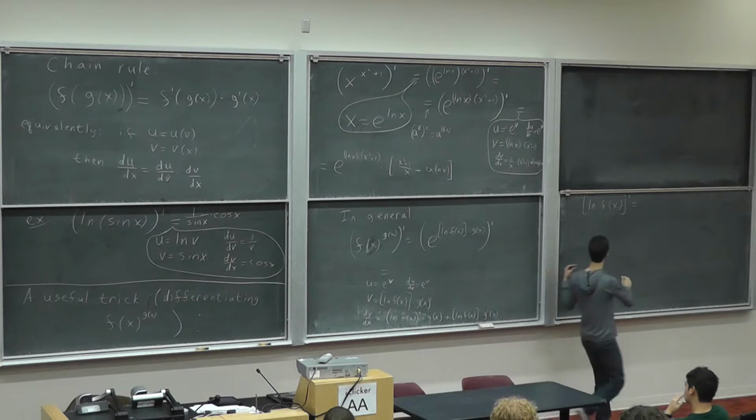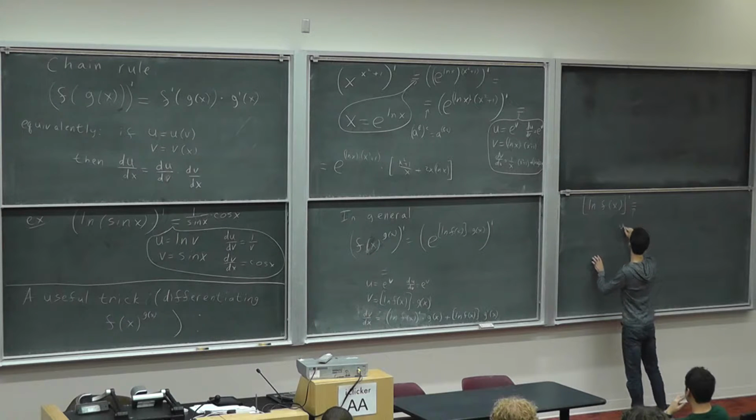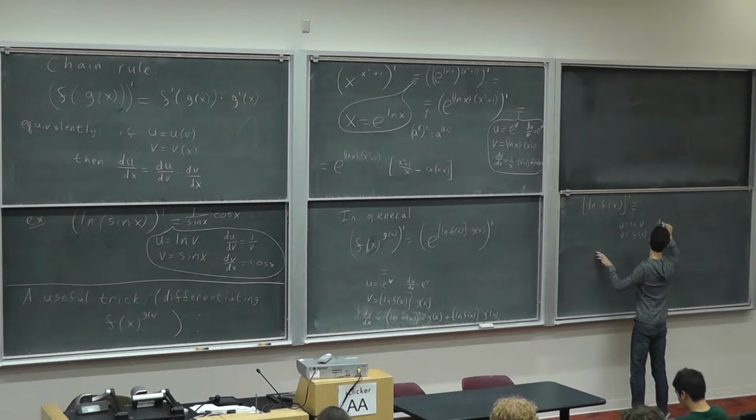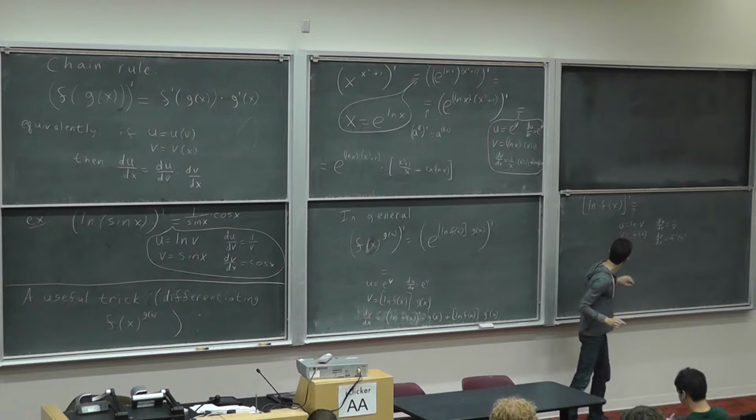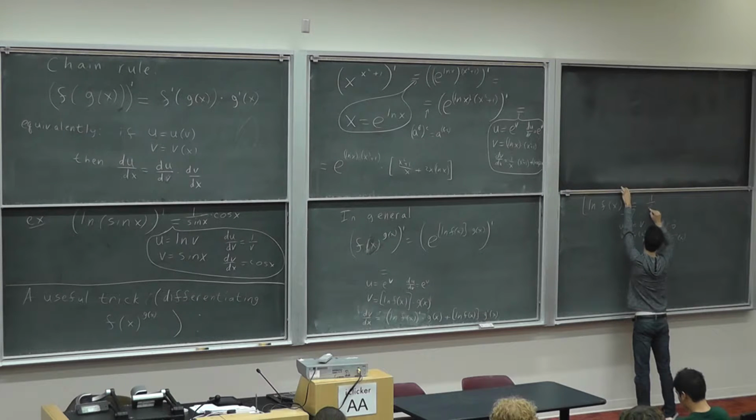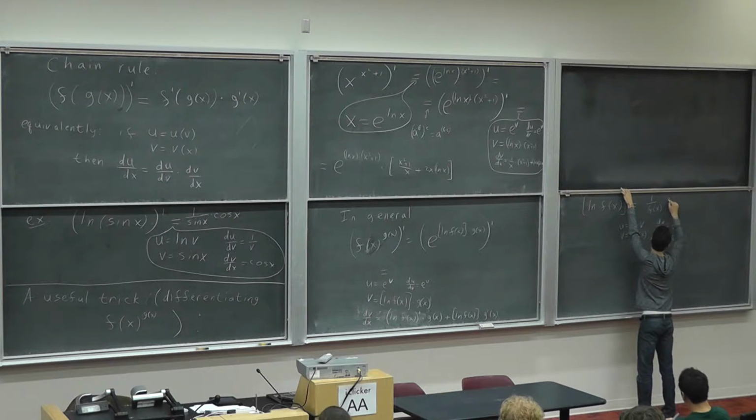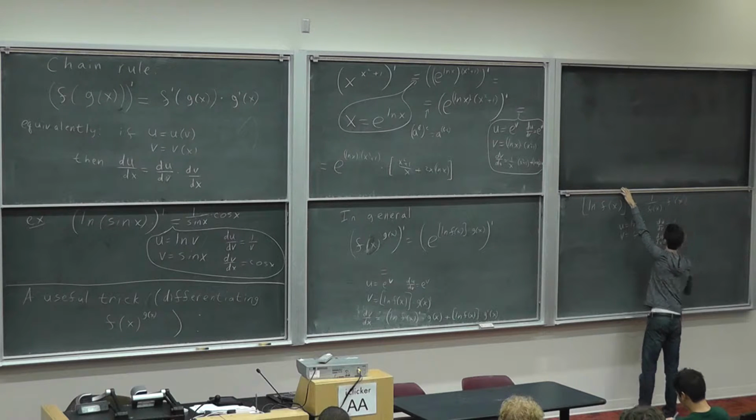So here, once again, we apply the chain rule, with u being 1 of v, and then we get du by dv is 1 over v, dv by dx being 1 of x. And the answer would be 1 over f of x times f prime of x.